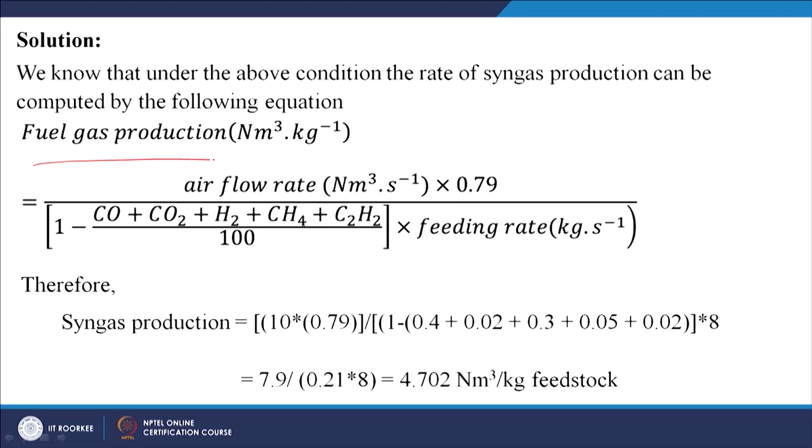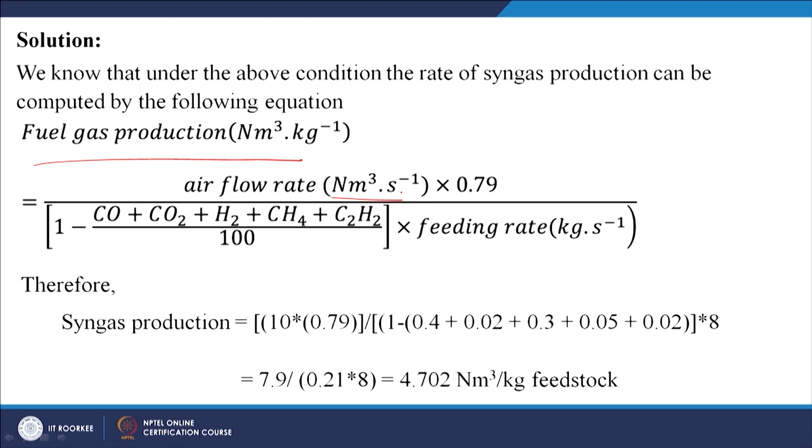We can solve this problem by nitrogen balance, as we have discussed in the previous classes. Fuel gas production in normal meter cube per kg of feedstock is equal to air flow rate in normal meter cube per second into 0.79, divided by 1 minus (CO plus CO2 plus H2 plus CH4 plus C2H2, that is the composition of the flue gas, divided by 100) into the feeding rate of the feedstock.